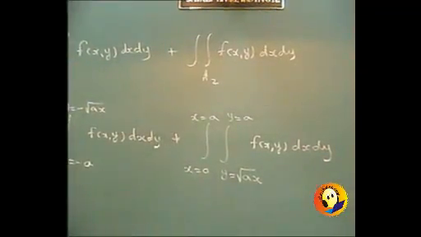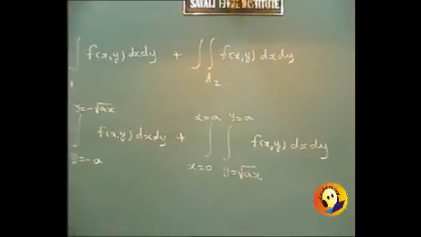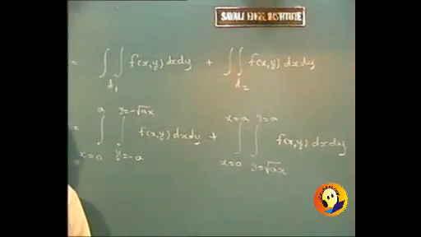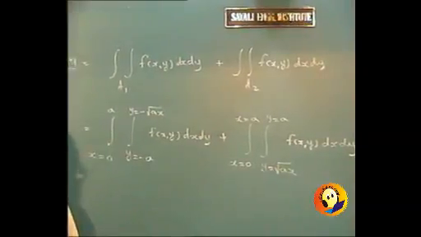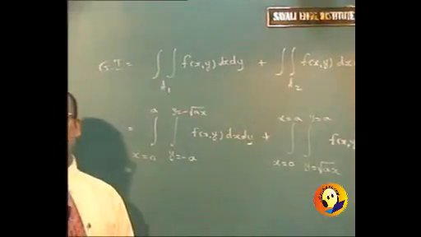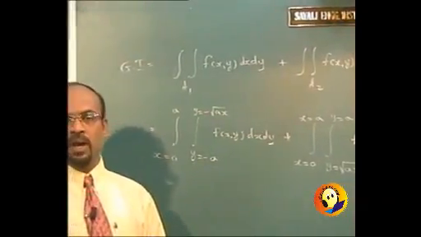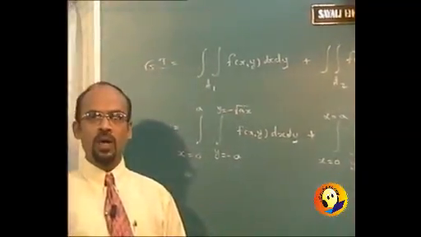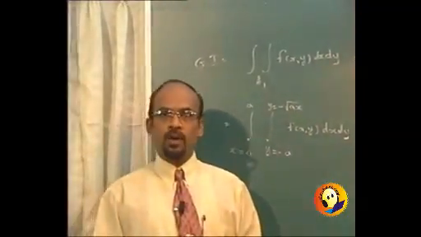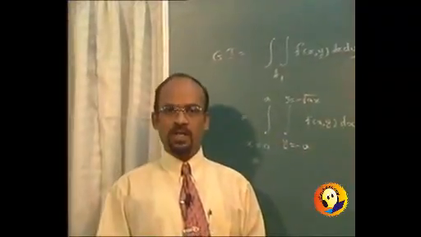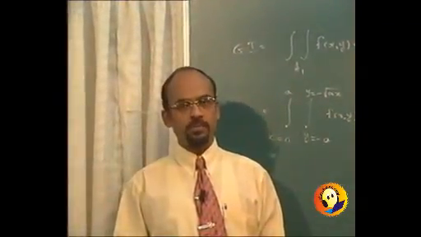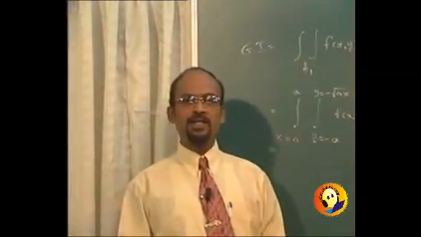Hence the change of order of integration will simply mean that we are required to change the sequence of integration, that is, to change the order in which we are considering the integration by considering the strips parallel to x-axis or y-axis. In the given problem, the strips were taken parallel to x-axis, that is from x equal to 0 to x on the parabola, and y varying from minus a to plus a.